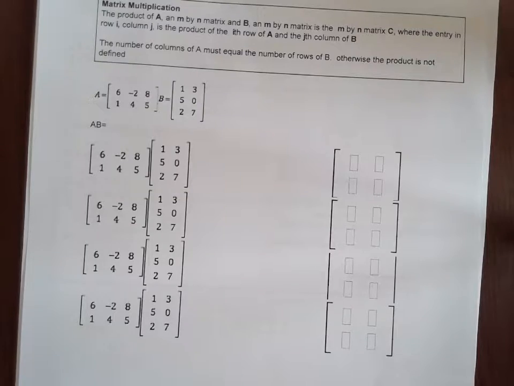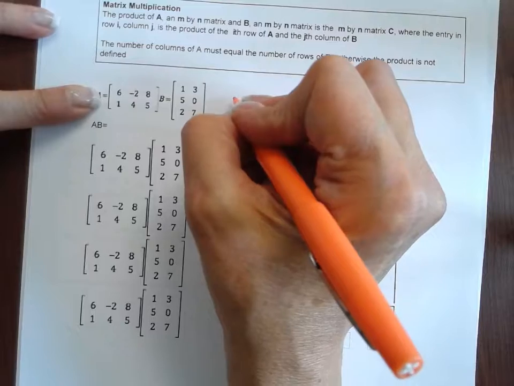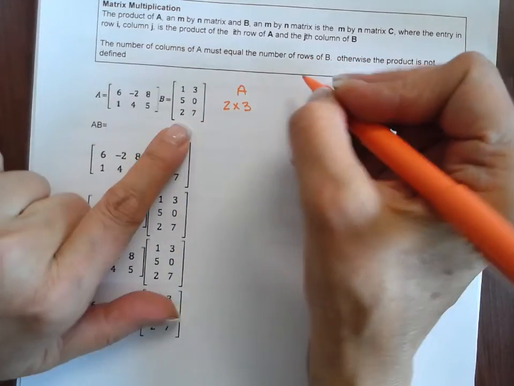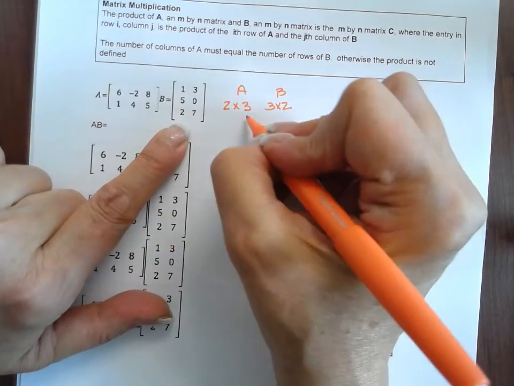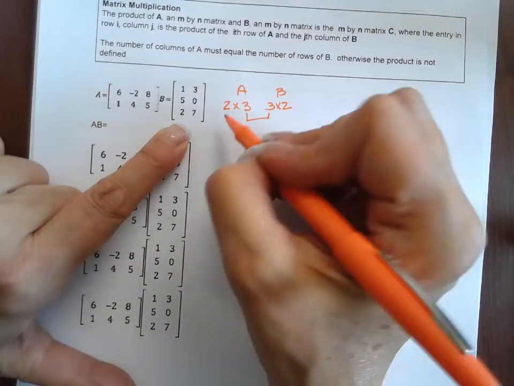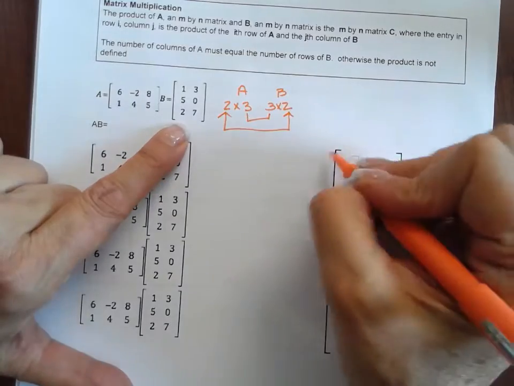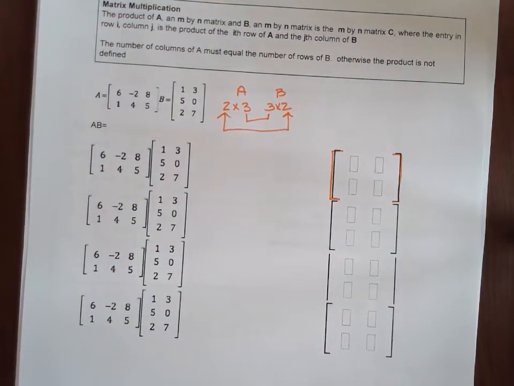So we have A times B, and A is a 2 by 3, and B is a 3 by 2. So the first question, can we multiply? Yes. And what's the result going to be? A 2 by 2. So that's why I have a 2 by 2 there, because that's what our answer is going to be.